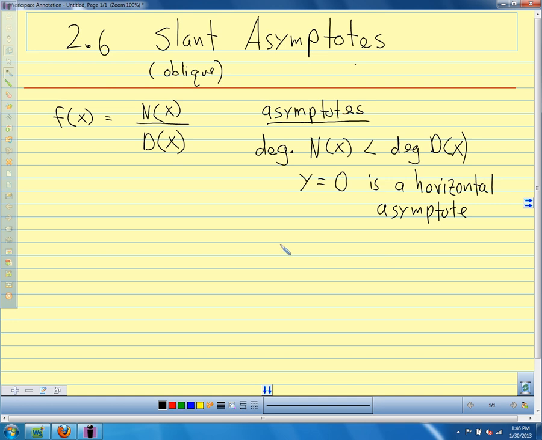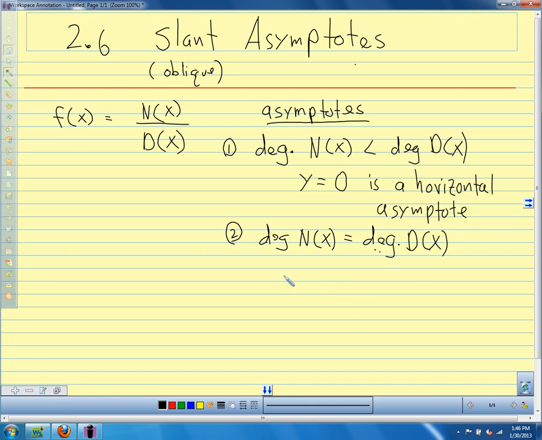If the degrees are equal, so that was our first case. If the degrees are equal, degree of n of x equals the degree of the denominator, d of x.